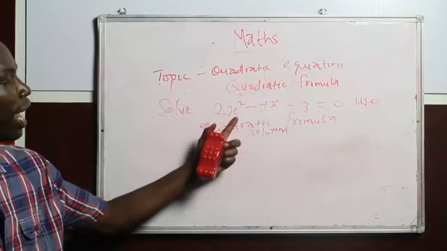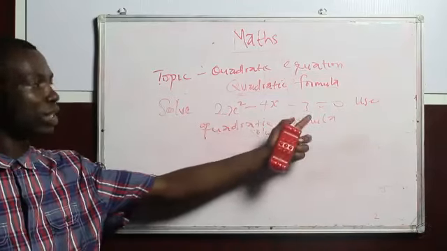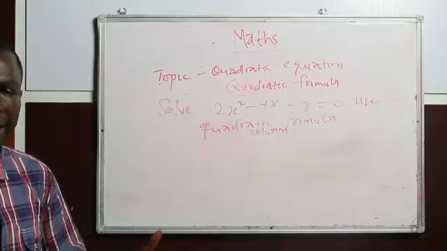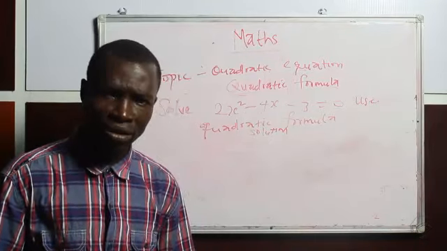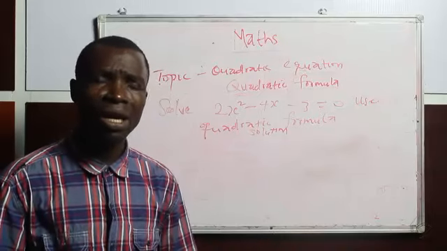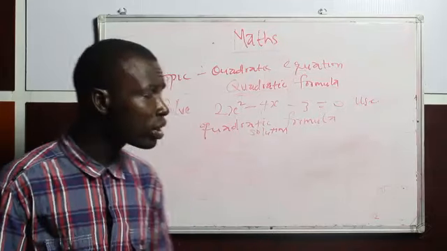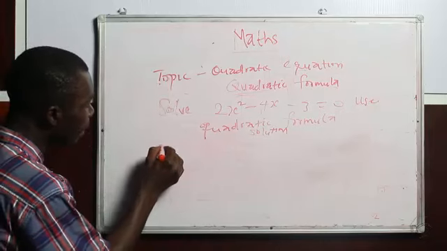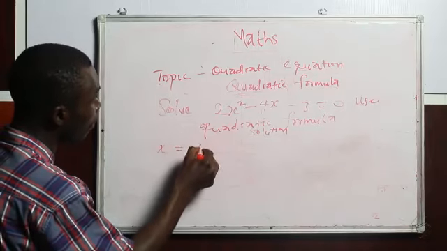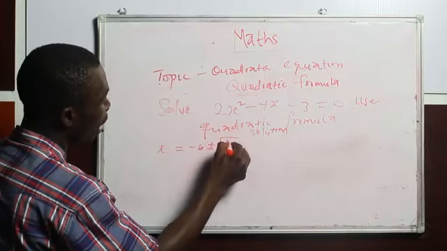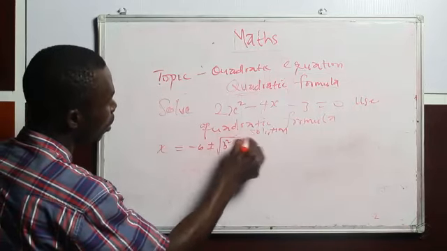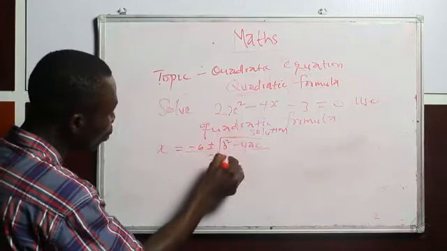Remember, 2x squared minus 4x minus 3 is equal to 0. This expression is a quadratic equation where we can use our quadratic formula. And what is this quadratic formula? Remember, we proved that x is equal to minus b plus or minus root b squared minus 4ac over 2a.